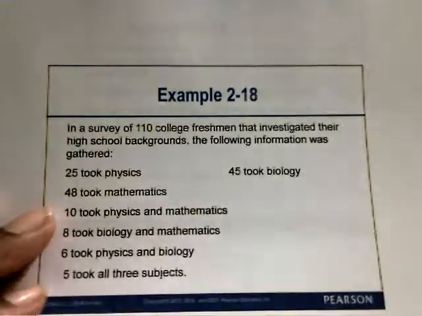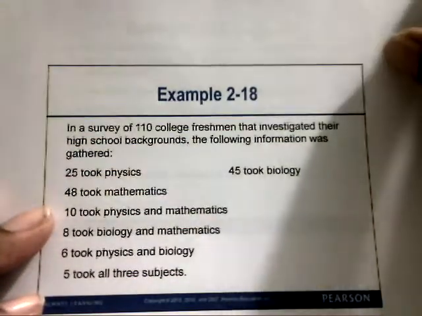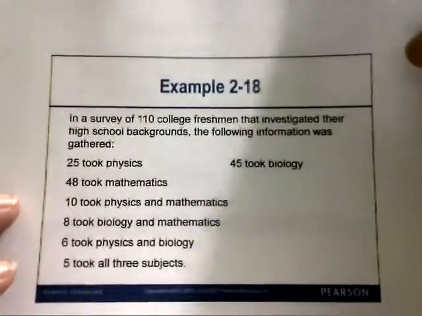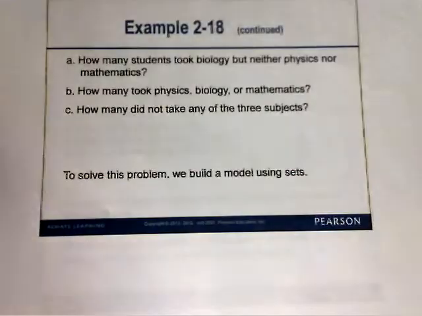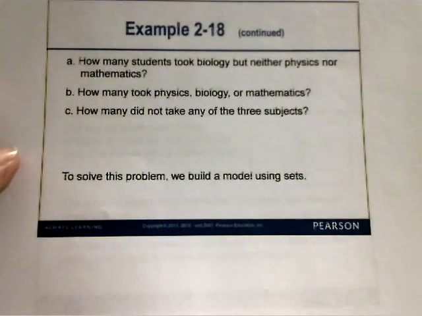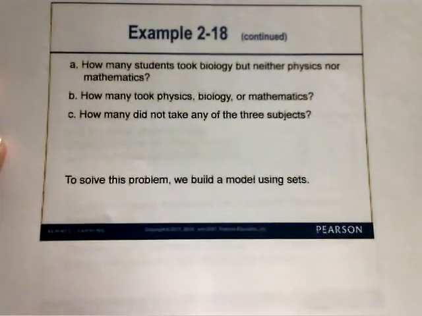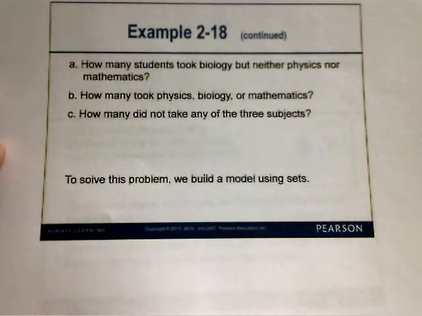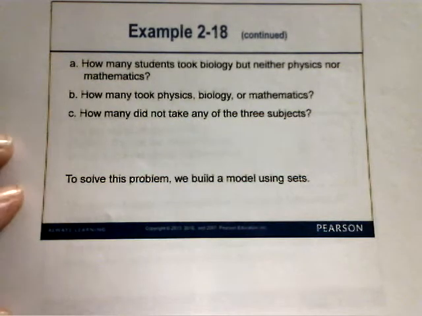Okay, so that's the situation that we have here. And we want to create from that situation a Venn diagram and answer these questions. How many students took biology but neither physics nor mathematics? How many took physics, biology, or mathematics?